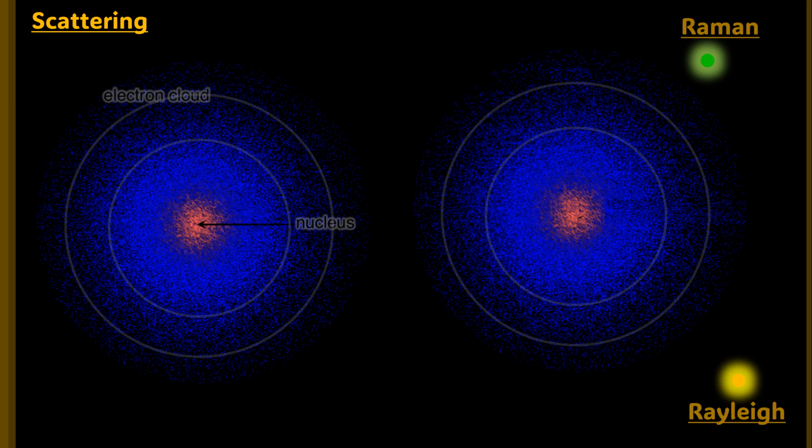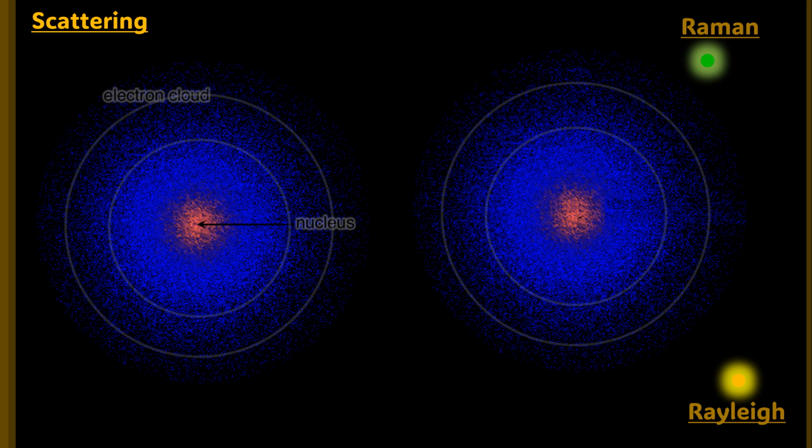Whereas in case of scattering, the photon interacts with the molecule and is released instantaneously, in the 10 to the power minus 15 second time scale, and the change in the energy, if it is causing any, is used in changing the polarizability rather than in changing the energy state of the molecule.